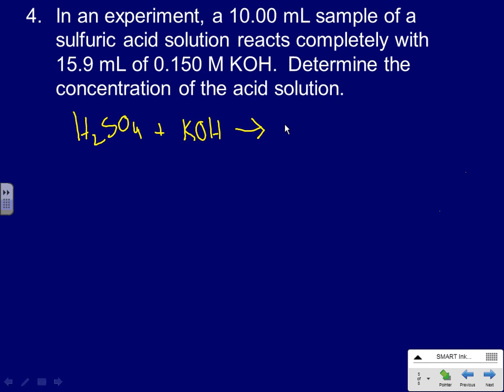Yes, H2O, K2SO4, and balance. Yep, Taylor? 2 in front of the KOH, but then how many H's have I got here? And how many OH's? So how many waters? Yeah, 2.